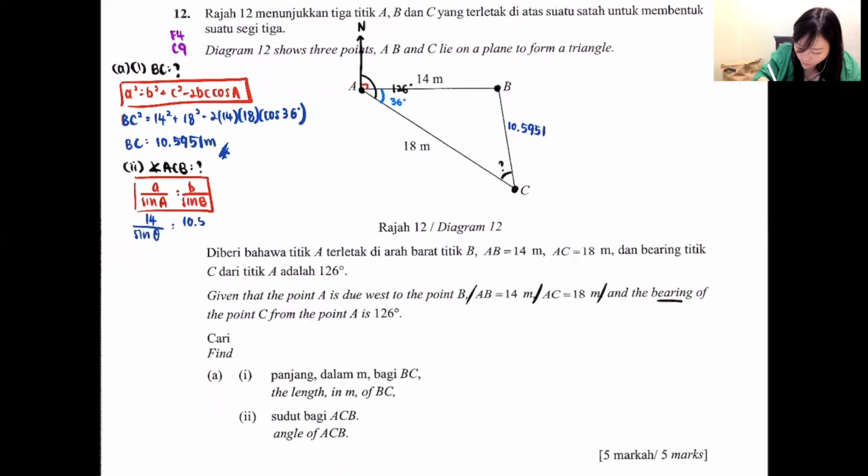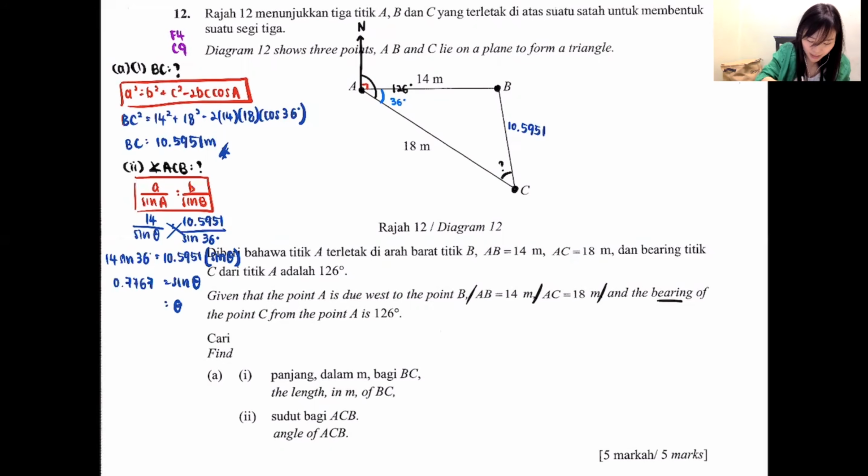10.5951 is opposite sine 36 degrees. Normally I will cross multiply: 14 times sine 36 equals 10.5951 times sine theta. So sine theta will be 14 times sine 36 divided by 10.5951. I get 0.7767.